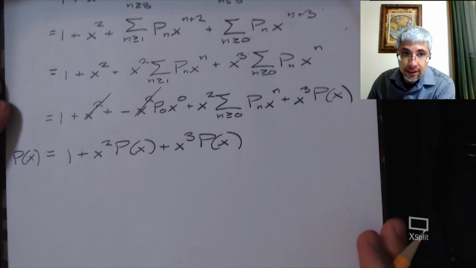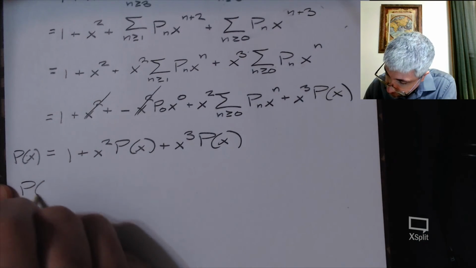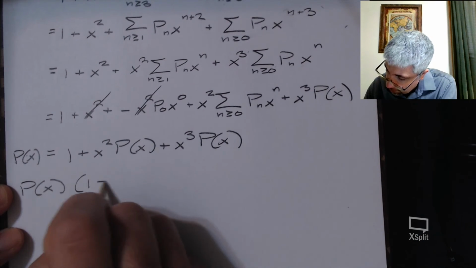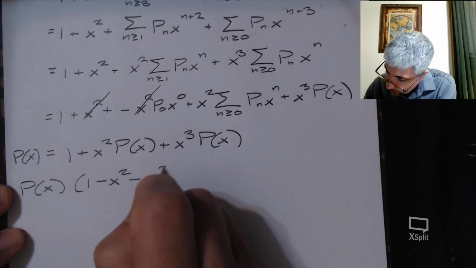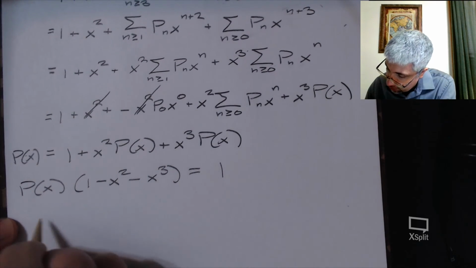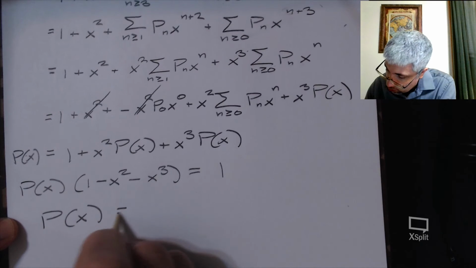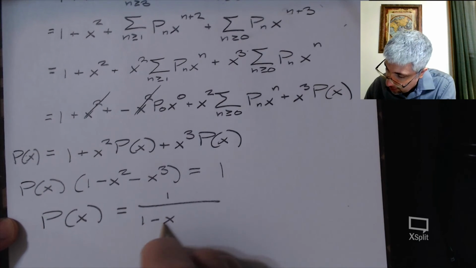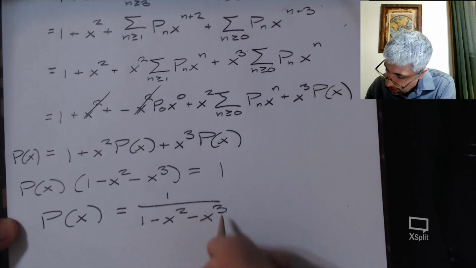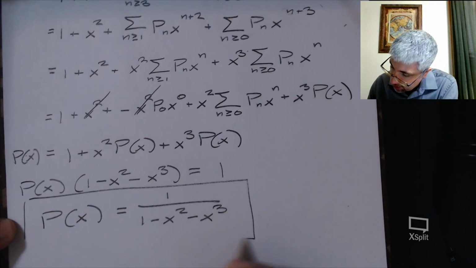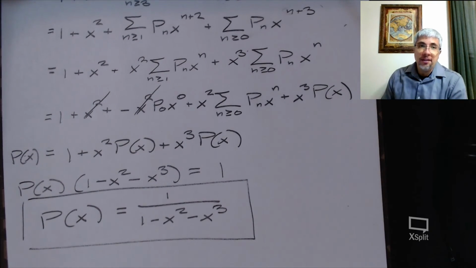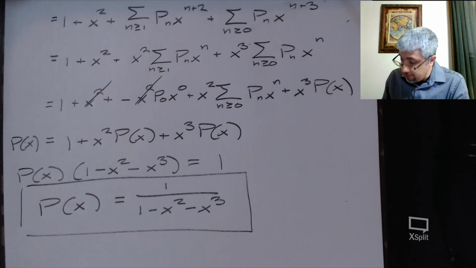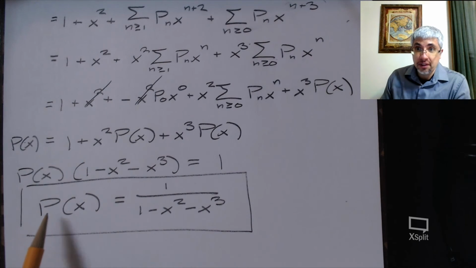So I move all my P's to one side, and I'm going to get this. 1 minus x squared minus x cubed equal to 1, or this right here. And that is my generating function. Now, you might think that since I like Pingala, that I was naming this after him.